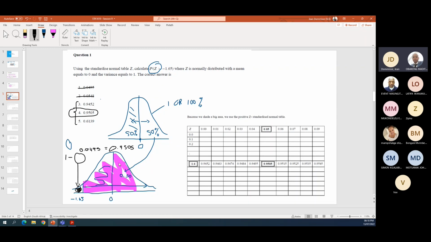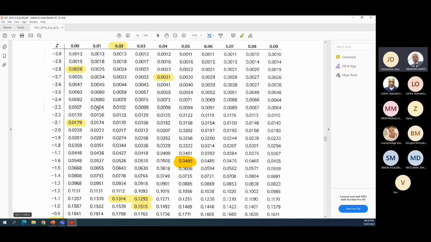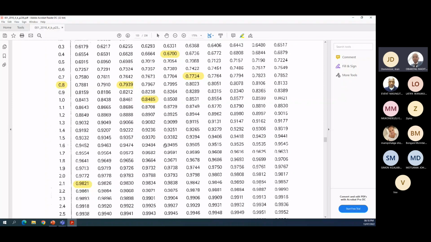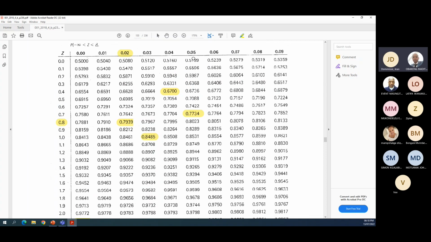But also, if you look at this, you see that we want to look at the bigger component. So we can also go to the positive table at 1,65, and we can get the bigger portion of that as well.